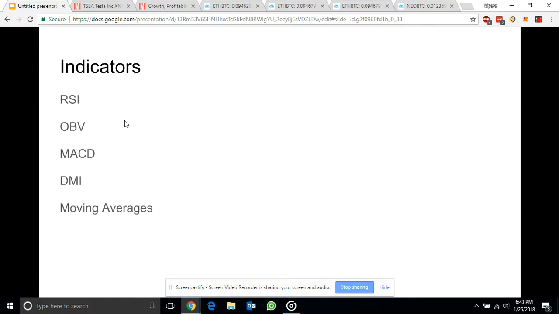Also, there are some indicators that are commonly used by short-term traders, like RSI, Relative Strength Index, on balance volume, MACD, DMI, or moving averages.